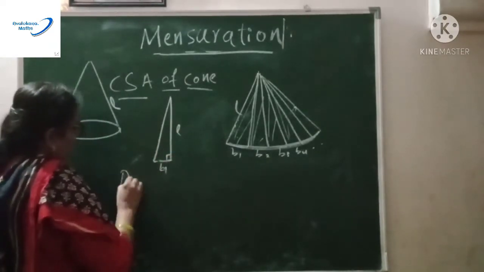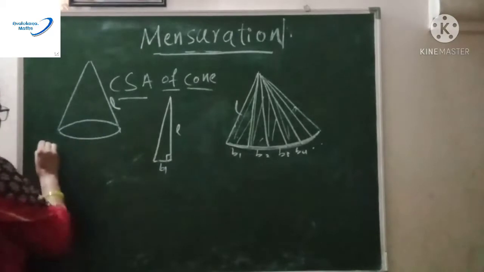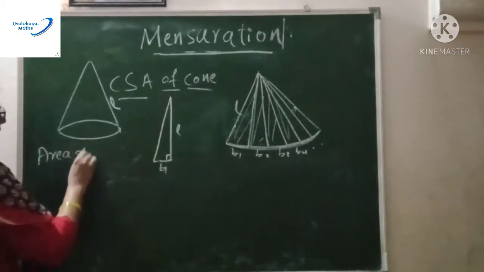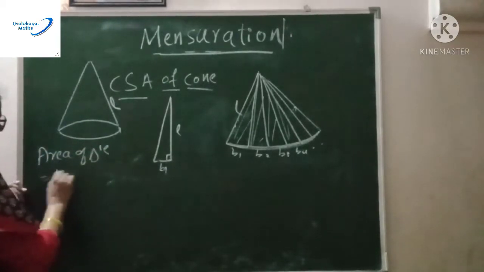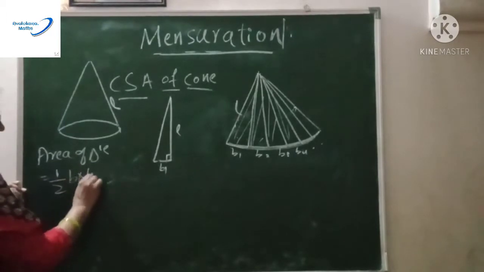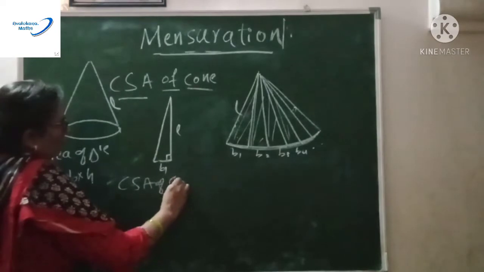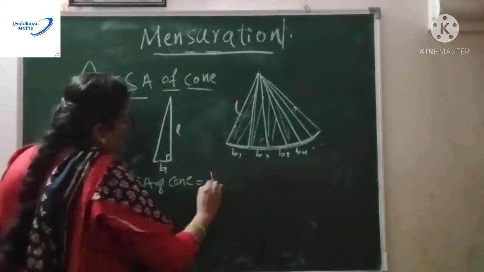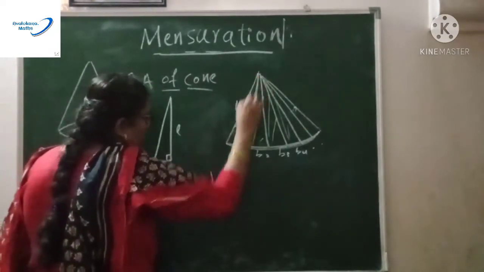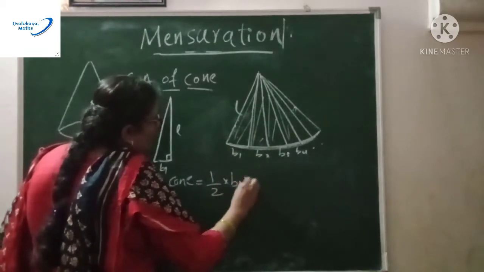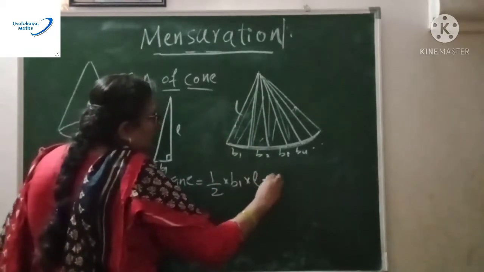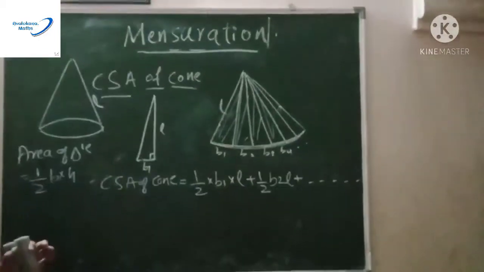As you know, the area of a triangle is equal to 1 upon 2 base into height. So the curved surface area of the cone is equal to 1 upon 2 into B1 into L, then 1 upon 2.